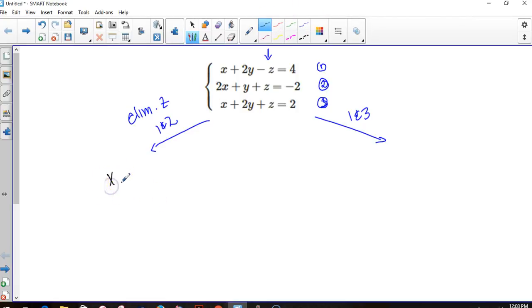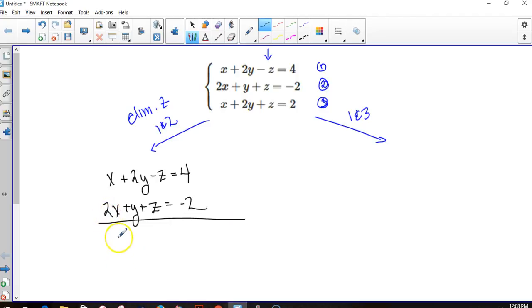So I have my first one, x plus 2y minus z equal to 4, and my second, 2x plus y plus z equal to negative 2. And when I squeeze these guys together using elimination, I'll be left with a 3x plus 3y, z's go, equal to 2.